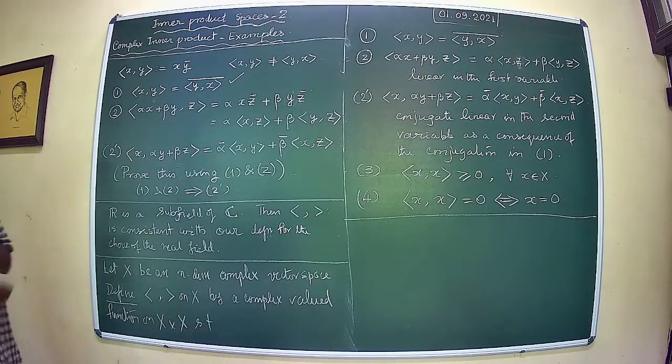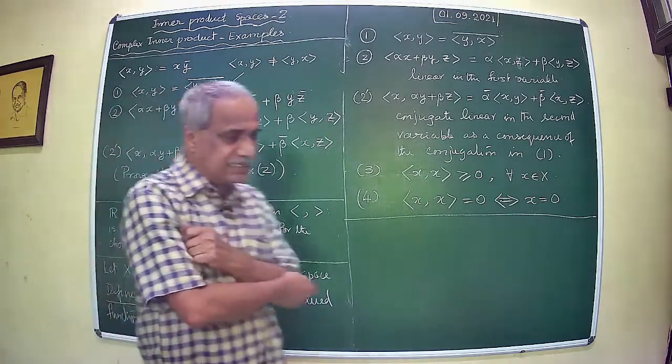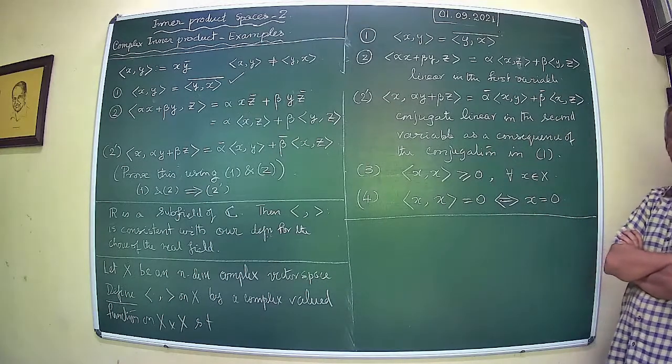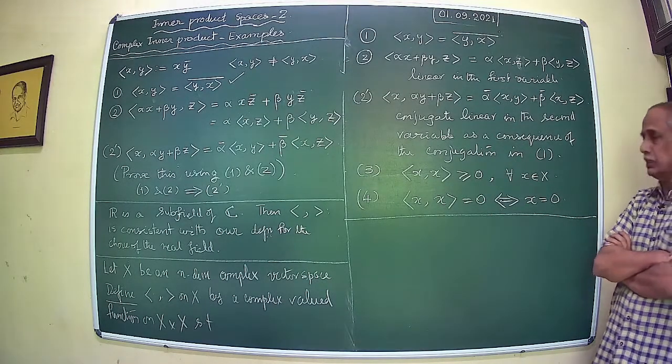Now you see that you can, let me just make a remark, you can conceive C as a one-dimensional vector space.